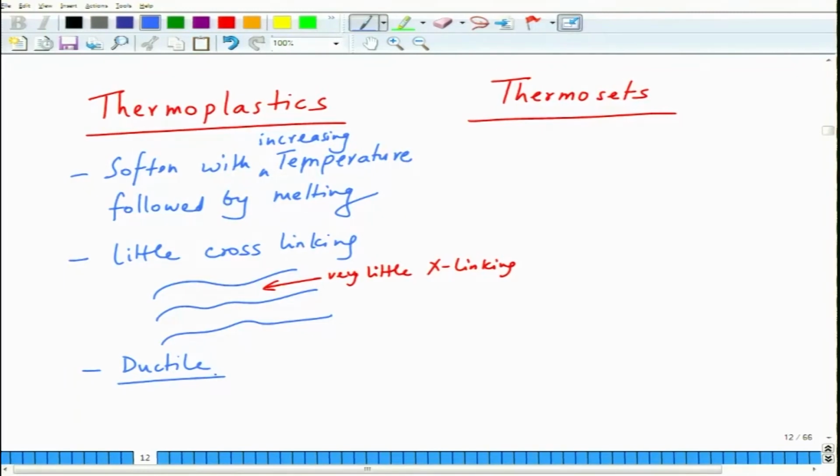Ductile means they have high ductility, they can withstand high strain. Typical examples include polyethylene, polypropylene, polycarbonate, and polystyrenes.